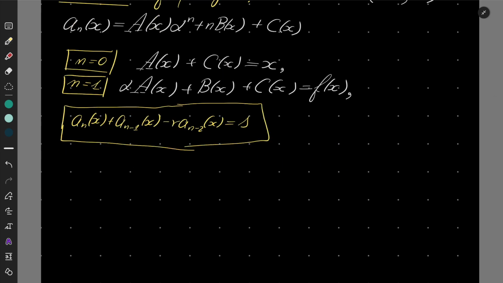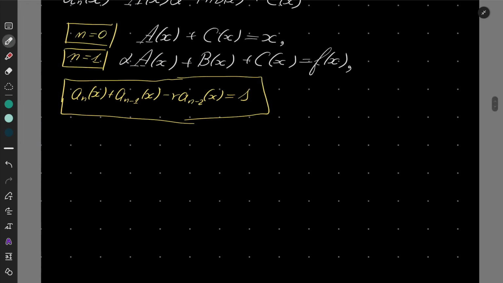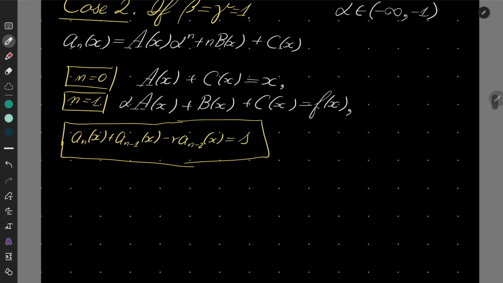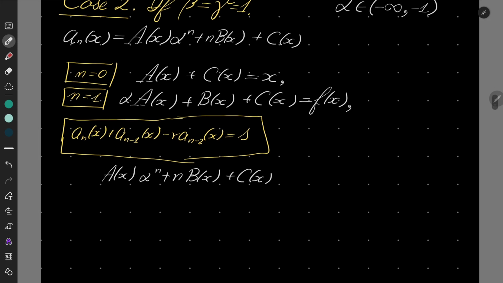And we get the third equation. Okay, so let's put it. So we have a(x) alpha to the power of n plus n times b(x) plus c(x) alpha minus 1.